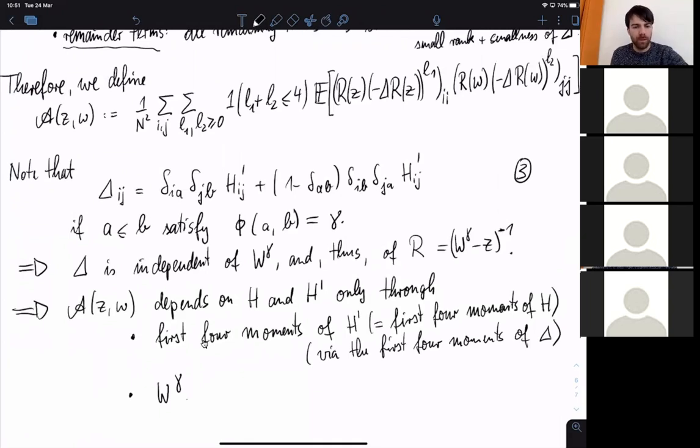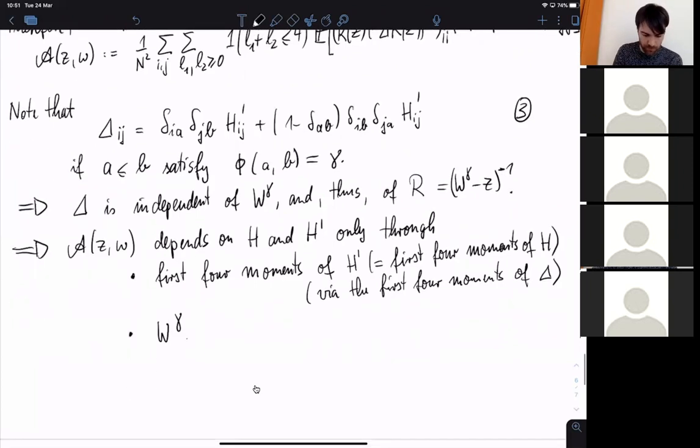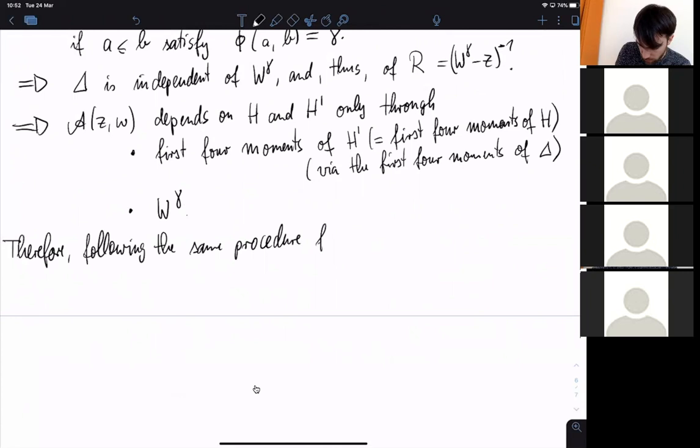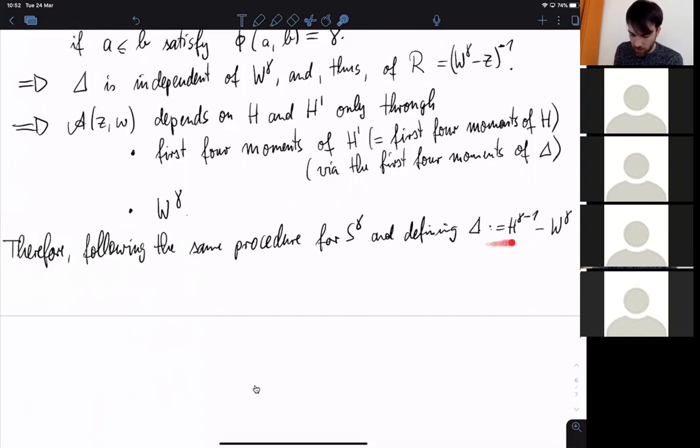Therefore, if I follow through this whole procedure with the S instead of the R, and I redefine my delta, then I would end up with the same result for A. So therefore, following the same procedure for S gamma and defining the delta by the perturbation of H gamma minus 1 — well, S was the resolvent of H gamma minus 1, so that's the natural object for the difference.